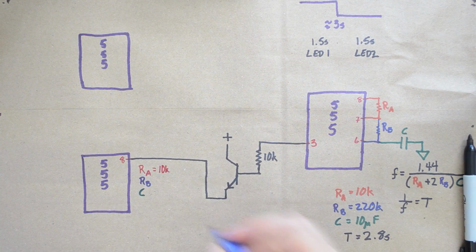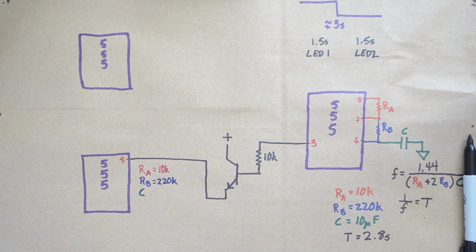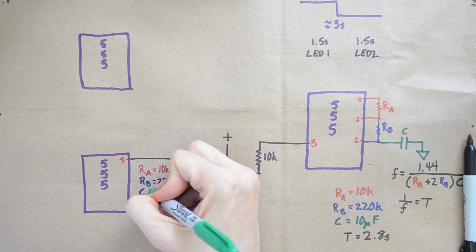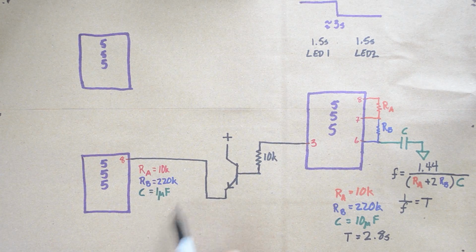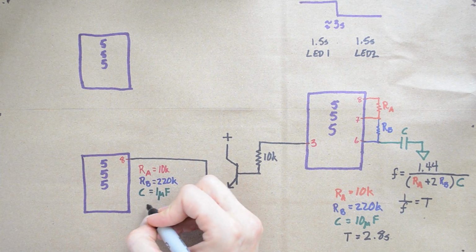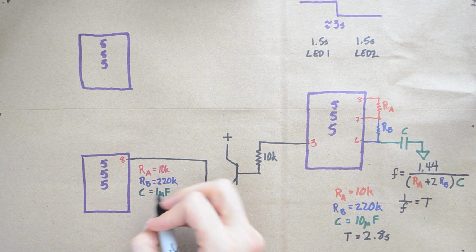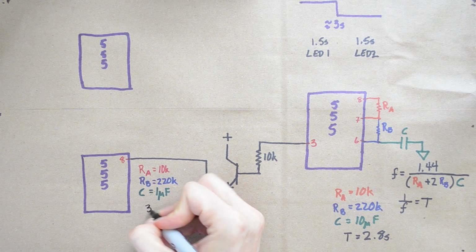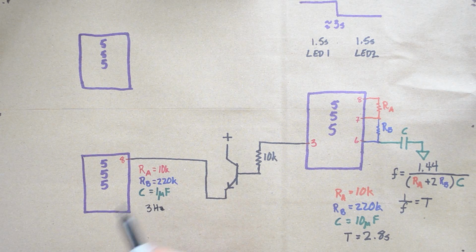I have RB equal to 220K, just like last time. But this time I have the capacitance equal to 1 microfarad. So with these numbers, this thing is going to blink roughly 3 times per second, so at a rate of 3 hertz. That means it's going to go on, off, roughly 3 times.